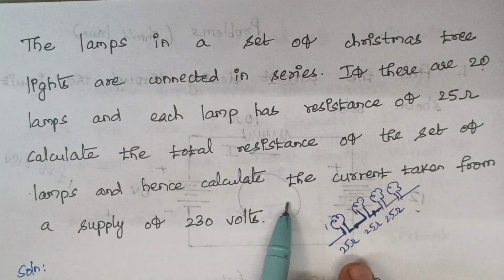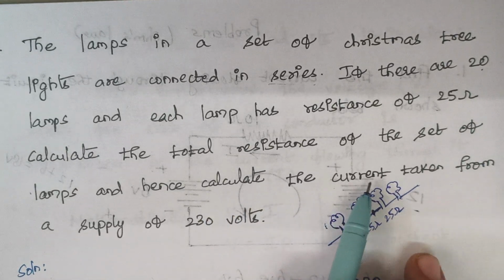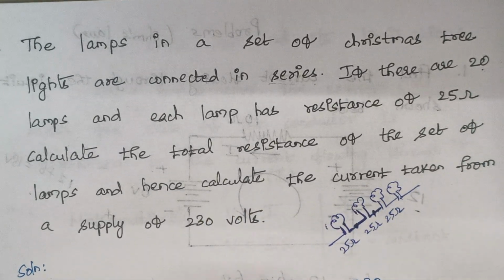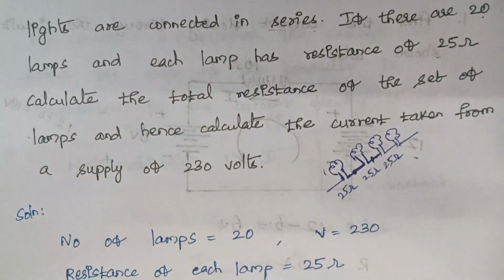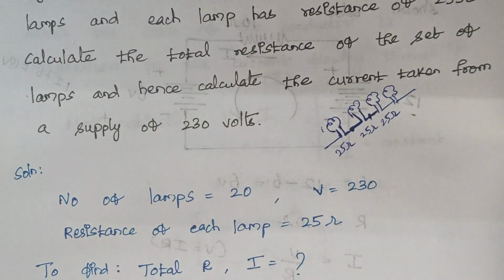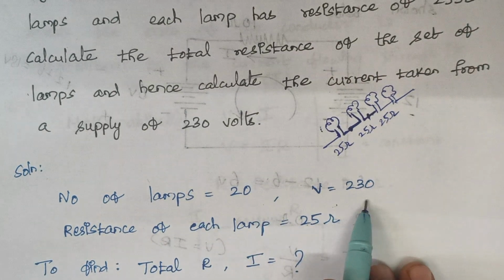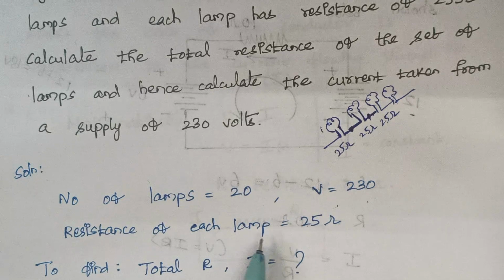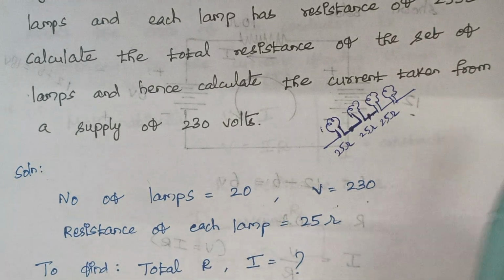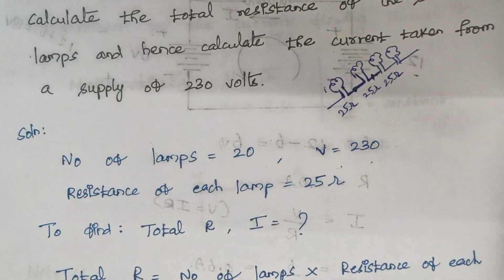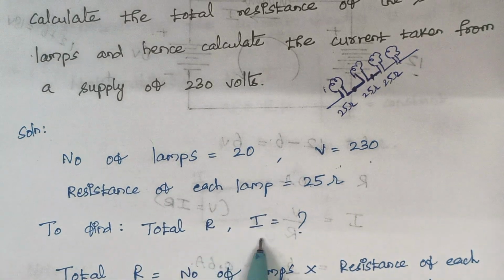Then the next thing is you have to calculate the current. We will see how. The first thing is to write down the given data. The number of lamps is 20, the given voltage is 230 volt, and the resistance of each lamp is 25 ohms. Now we are going to calculate the resistance and the current.